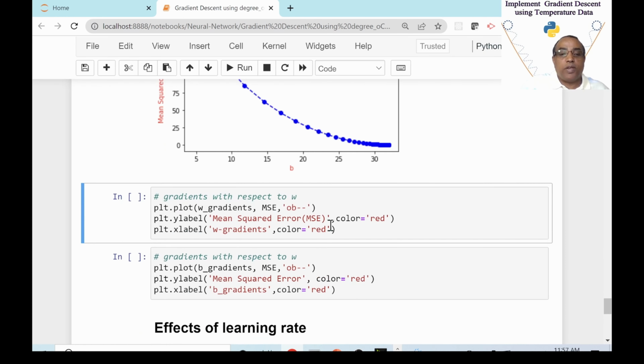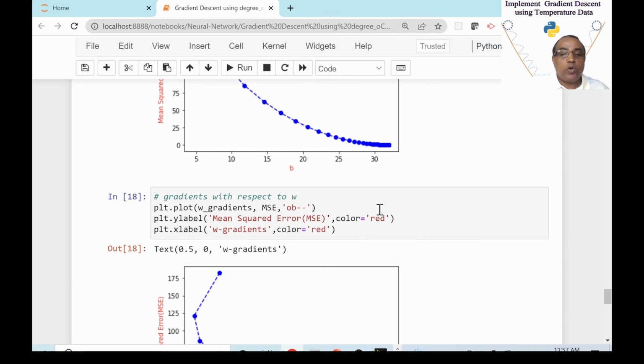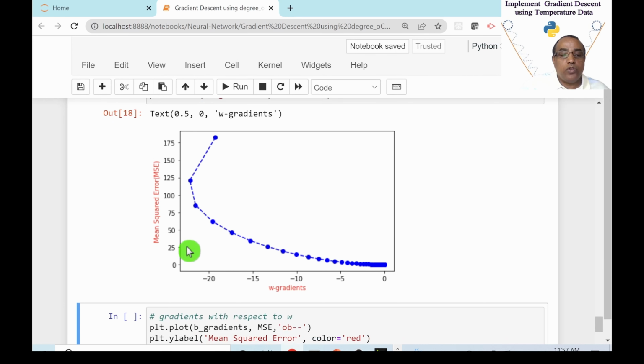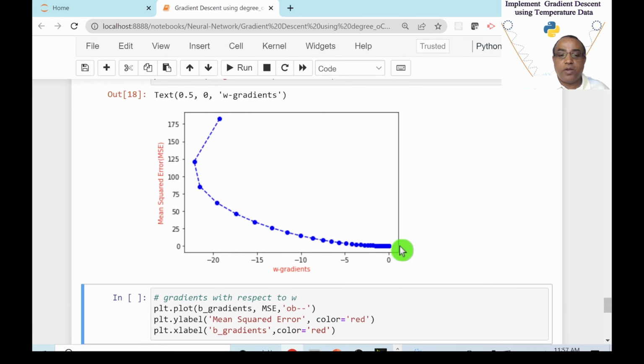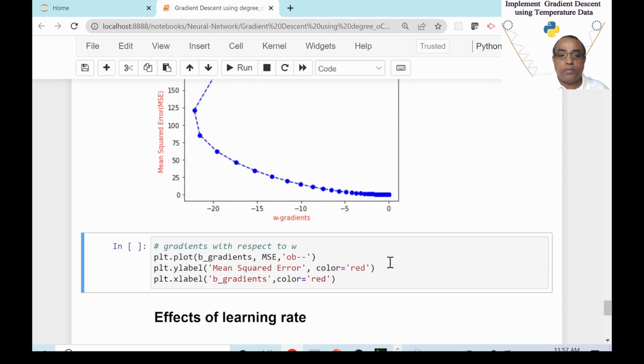So this also makes sense. What happens with the gradients? As the mean square error gets close to 0, the gradients are also close to 0, right? That's what we observe from here.